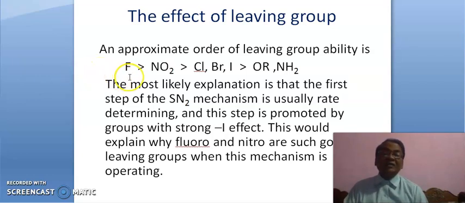And fluoro group succeeds in this work. Fluoro group produces maximum positive charge at the carbon to which it is attached. And that's why we always remember in aromatic nucleophilic substitution that fluoro and nitro groups are better leaving groups.